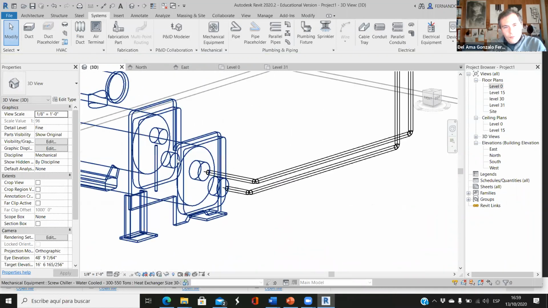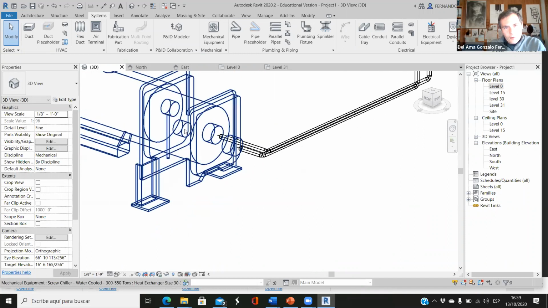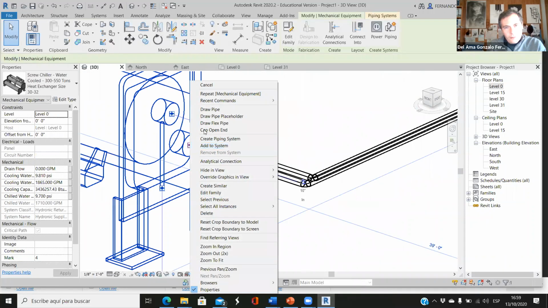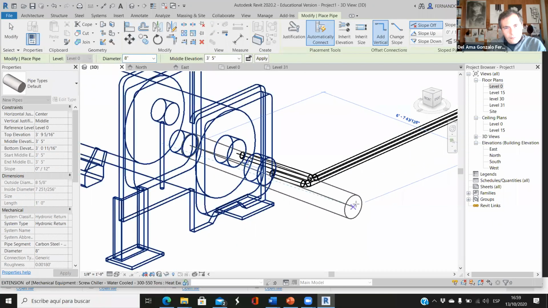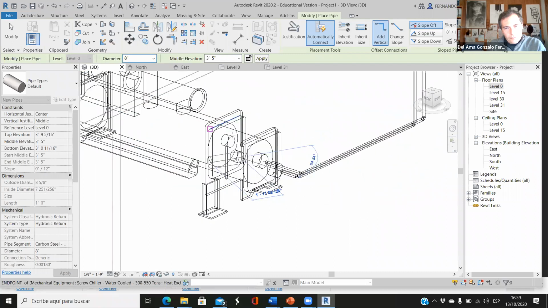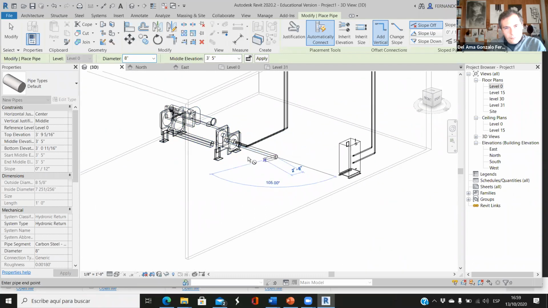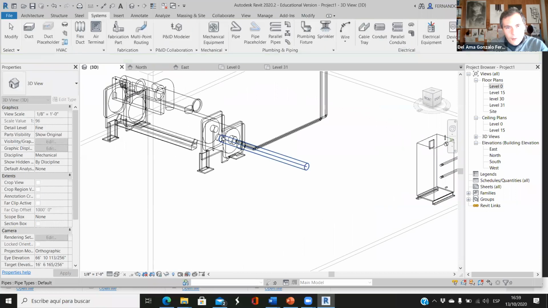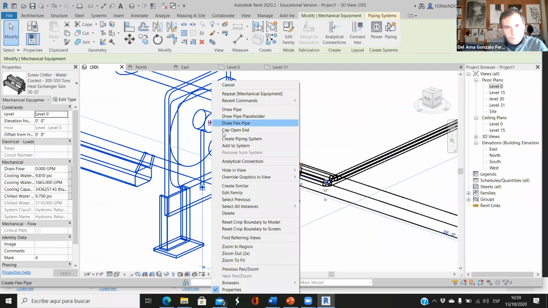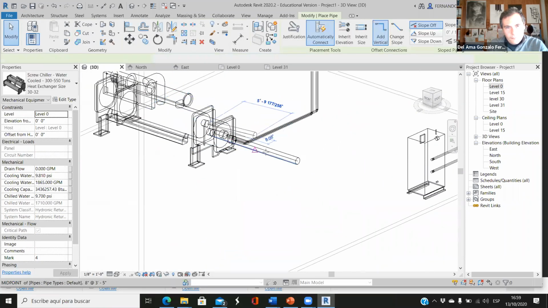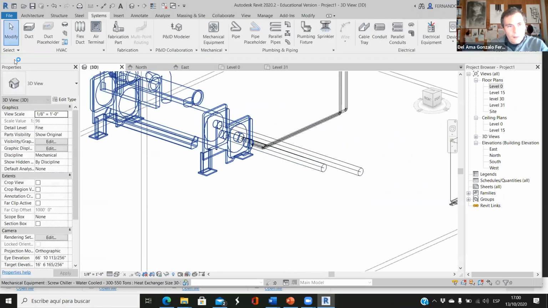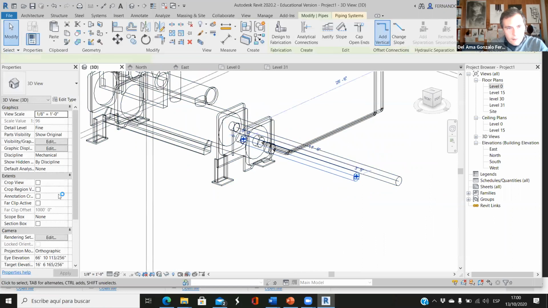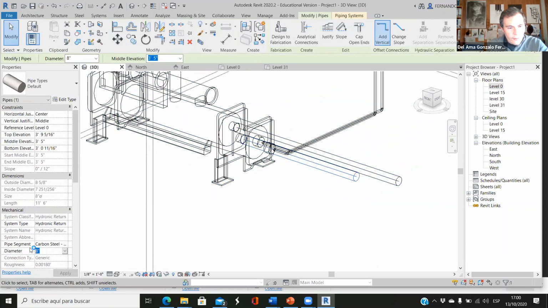And we need to go out. And we need to go out from this one. The pipes are huge, so let's make it 2 and 2.